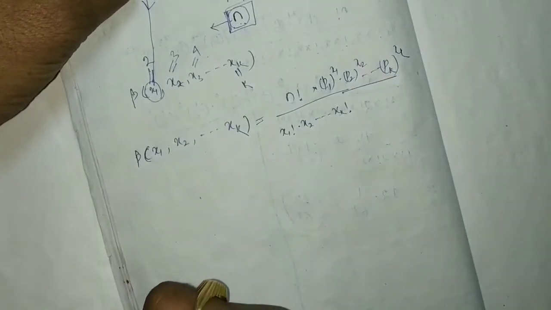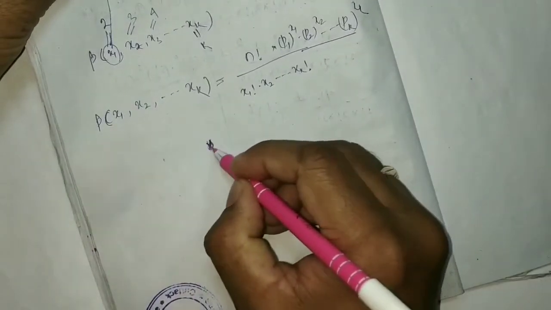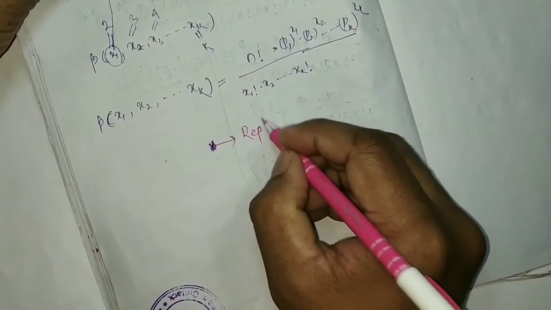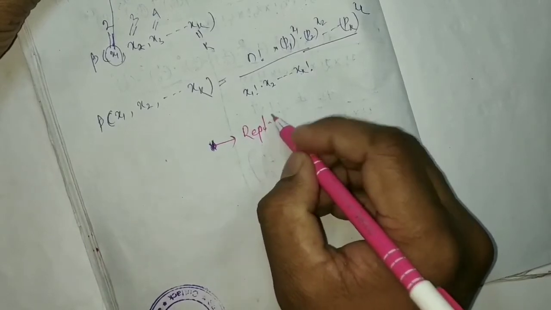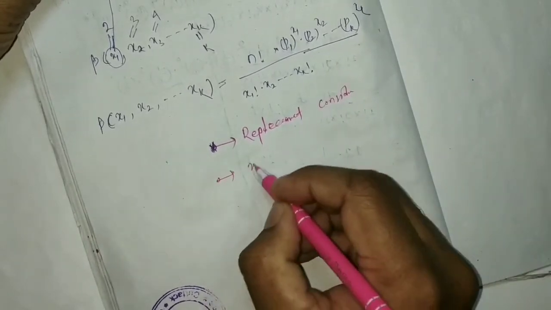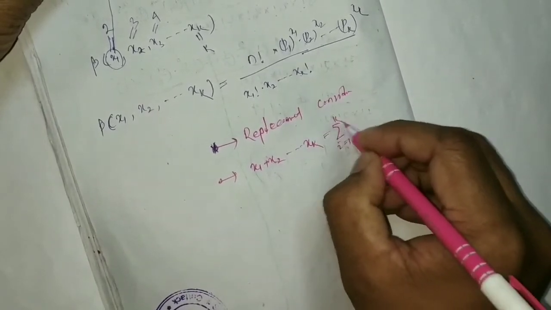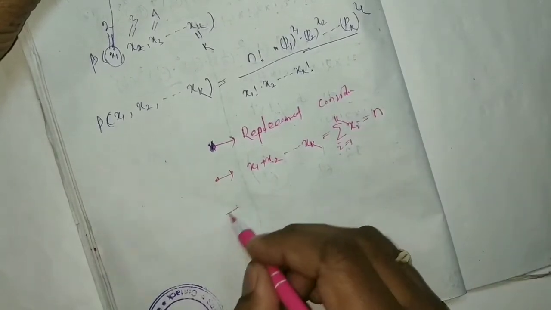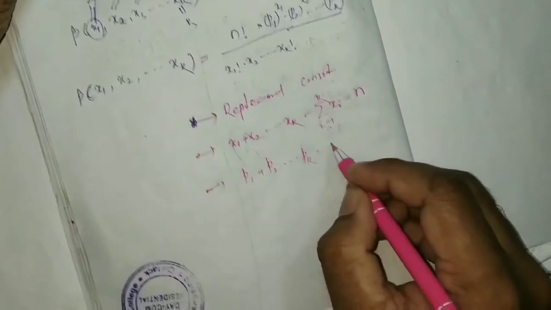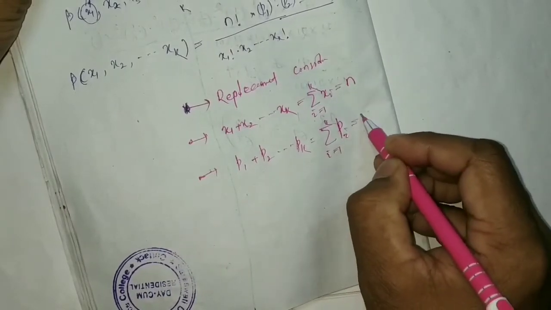Here there are important points we have to remember: replacement has been considered, and x1 plus x2 up to xk, that means the summation over i equal to 1 to k of xi, will be n, and p1 plus p2 up to pk, that you can also write as the summation over i equal to 1 to k of pi, will be equal to 1.